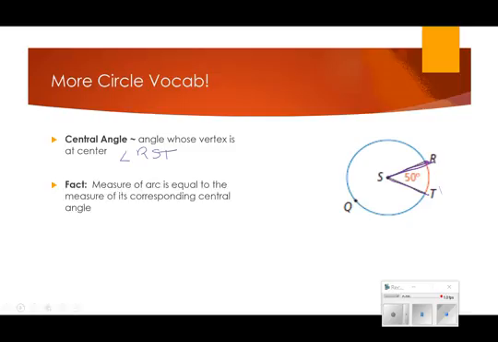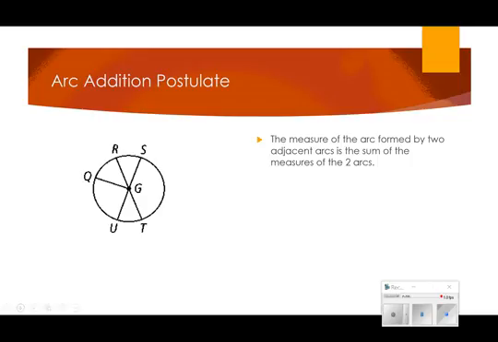Now, the thing about a central angle is the measure of the arc is equal to the measure of its corresponding angle. So RT is going to be 50 degrees. Remember that there are 360 degrees total in a circle. We've talked about that several times this year.